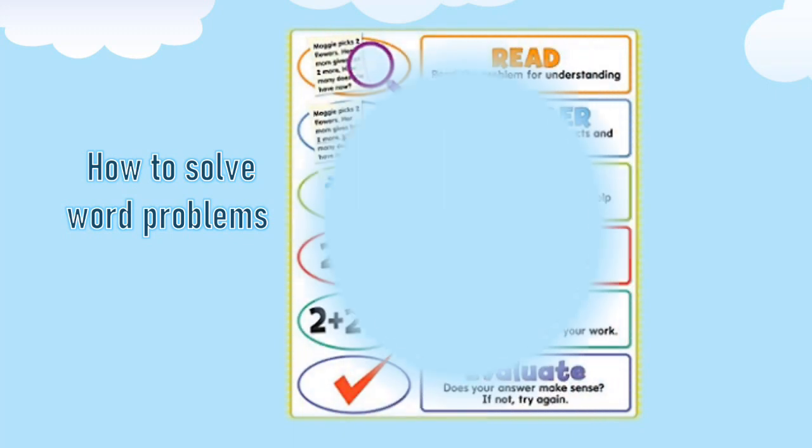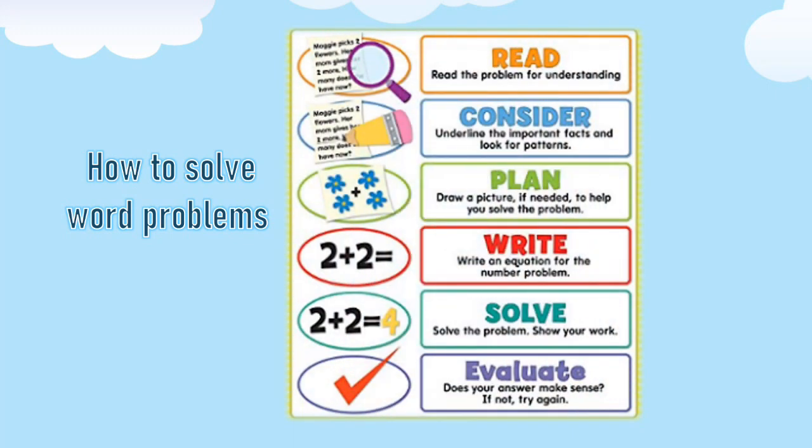Okay students, now I am going to explain how to solve word problems. First you have to read the problems for understanding. After that you have to consider, find out the keywords and important facts.